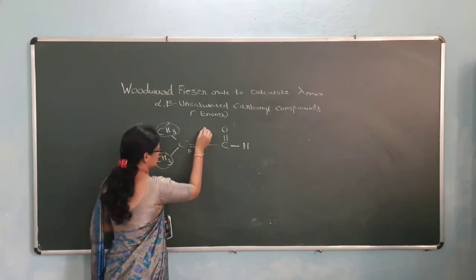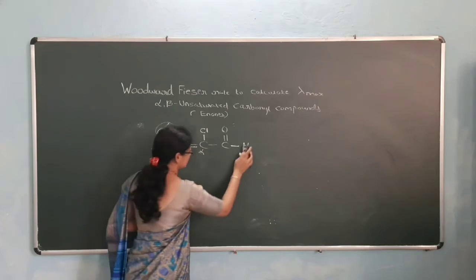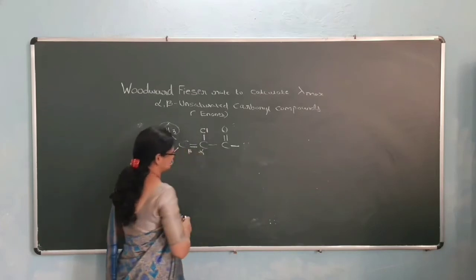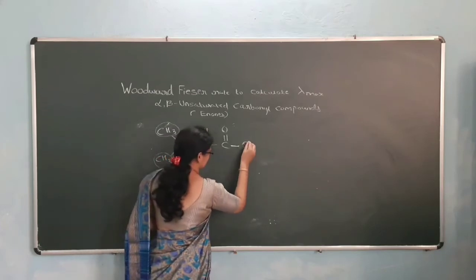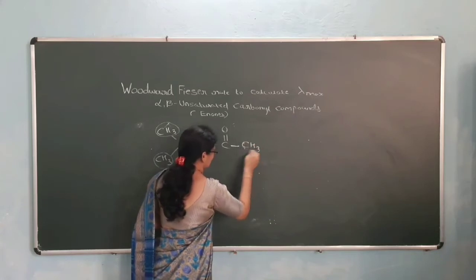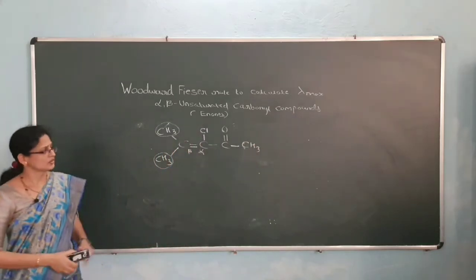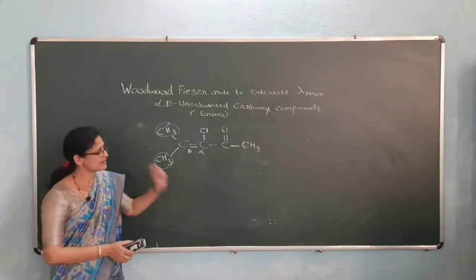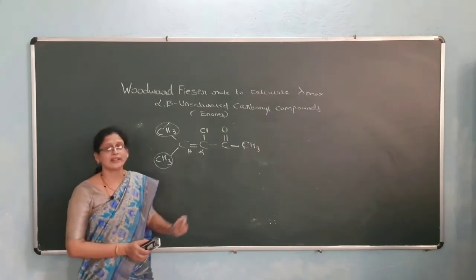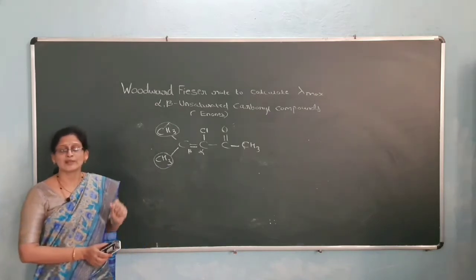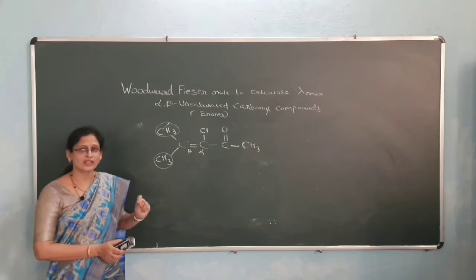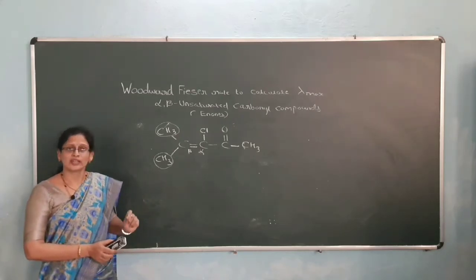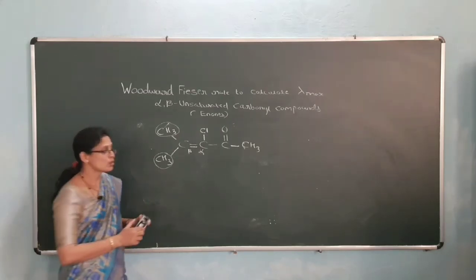I will substitute Cl here, then CH3. Okay, now check it. So check for the basic. Here the basic is the ketone, that is acyclic alpha beta unsaturated ketone. So for unsaturated ketone, the basic value is 215.